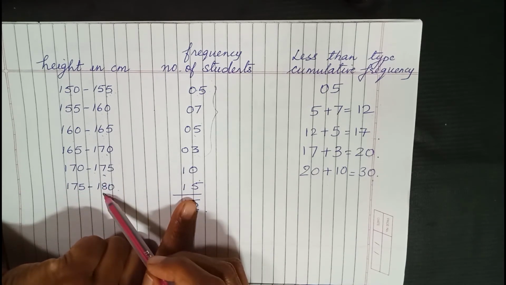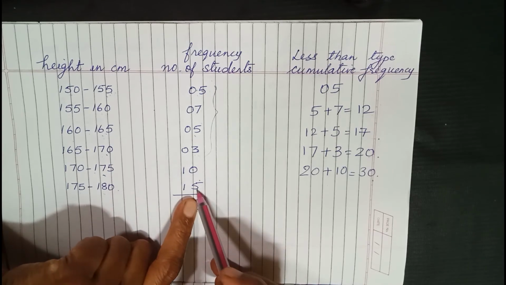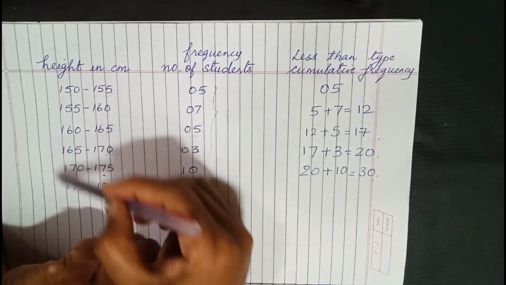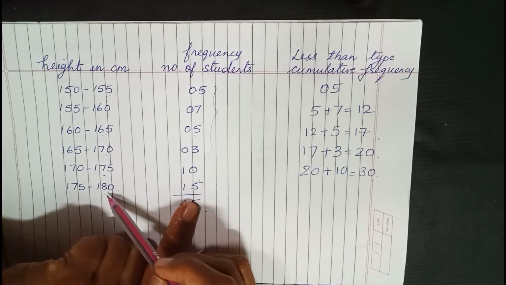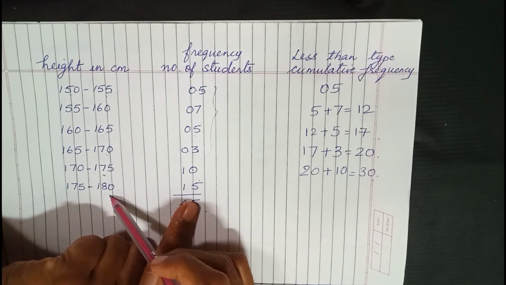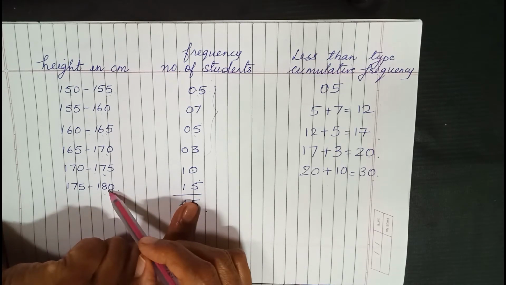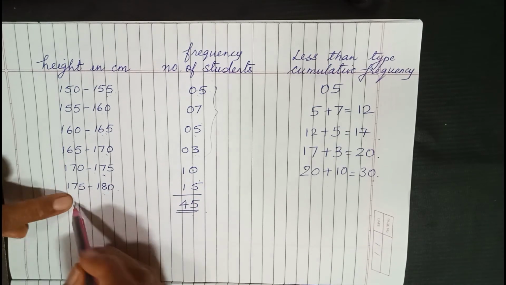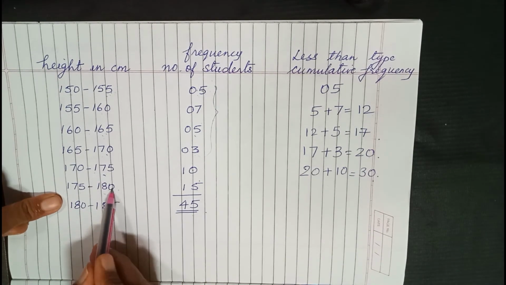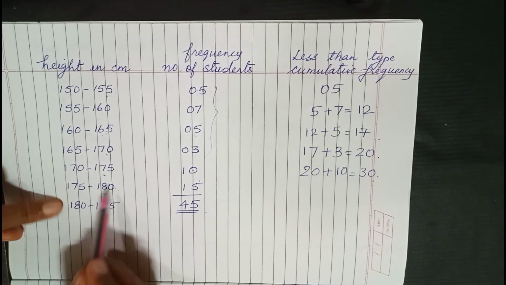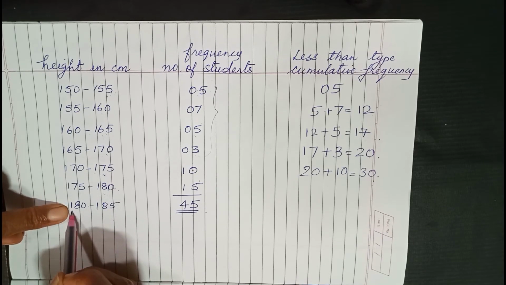Last one, students less than 180. That is from this group plus all. You can see the entire data is less than 180 centimeters. There is no student who has a height equal to 180 or more than 180. Because if any student had a height equal to 180, it would have gone in the next class here, 180 to 185. Because 180 is not included in the upper limit, it is included in the lower limit.